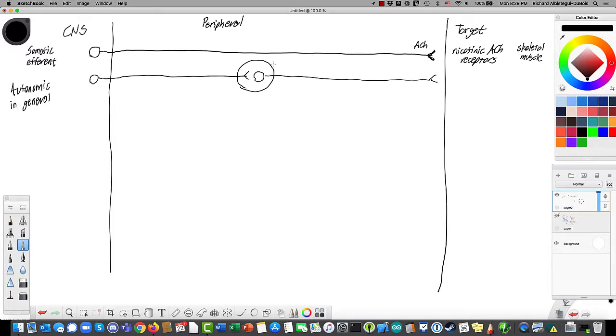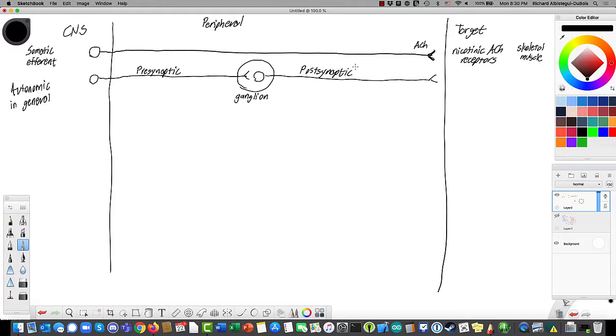in the periphery. And what do we call a cluster of nerve cell bodies in the periphery outside the CNS? We call that a ganglion. So in most autonomic pathways, somewhere out here you will have a ganglion where the presynaptic cell synapses onto the postsynaptic cell.